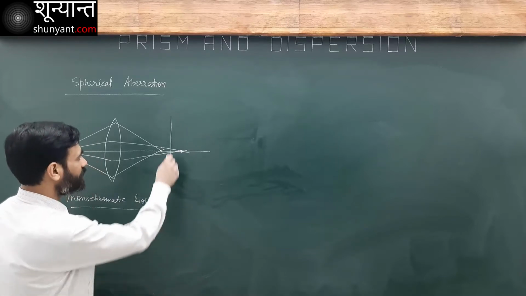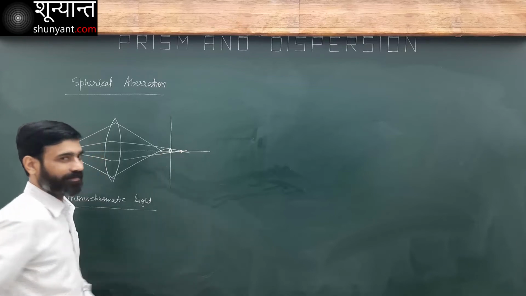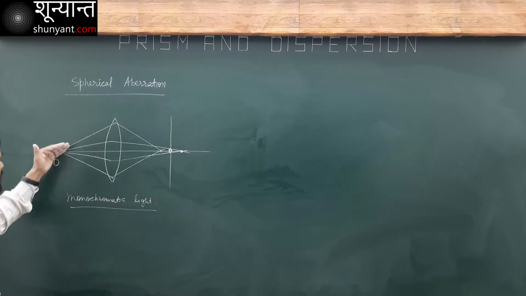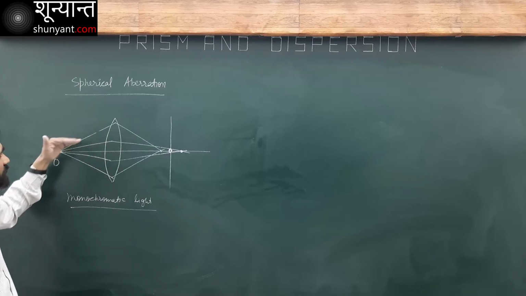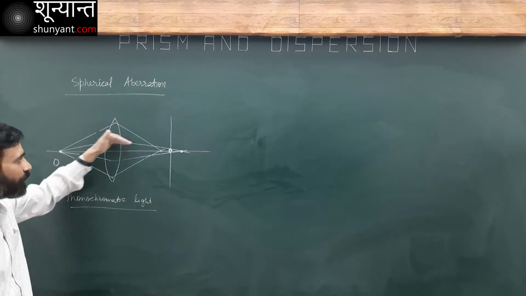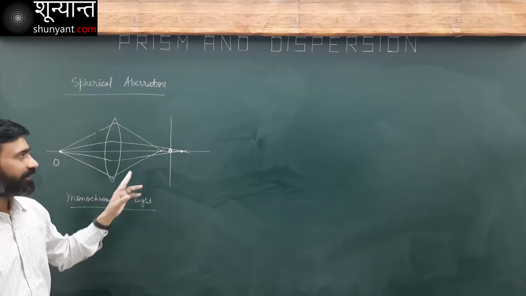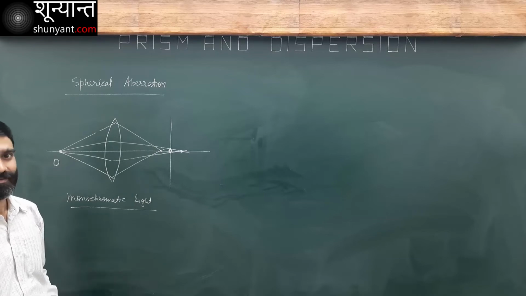What I am going to get is a disc-like image here. It is because different light rays passing through different parts of this lens are focusing differently. That's why this is happening. It is known as spherical aberration.